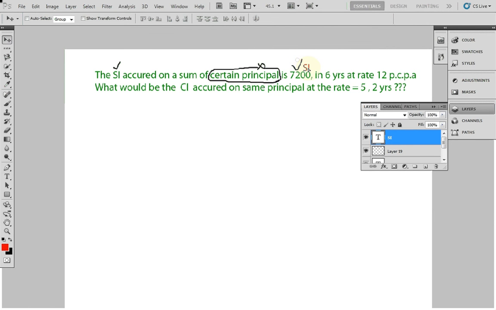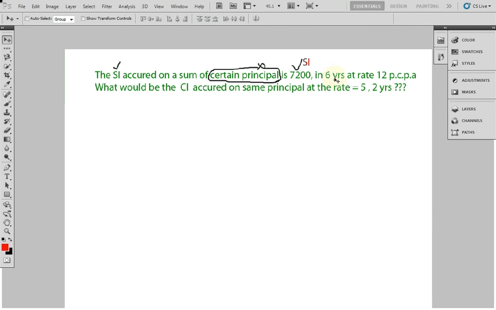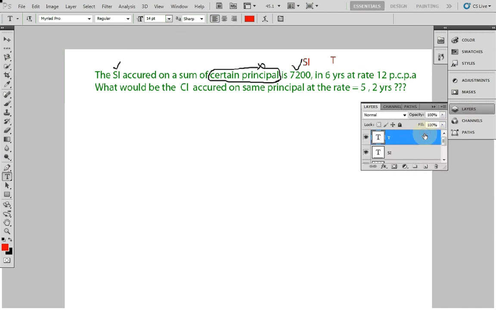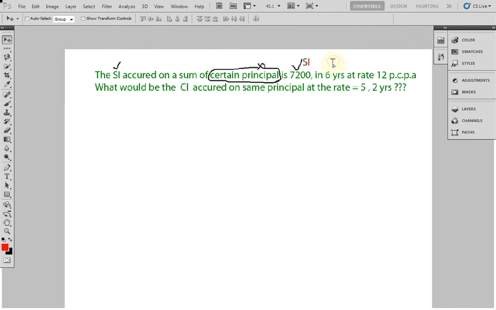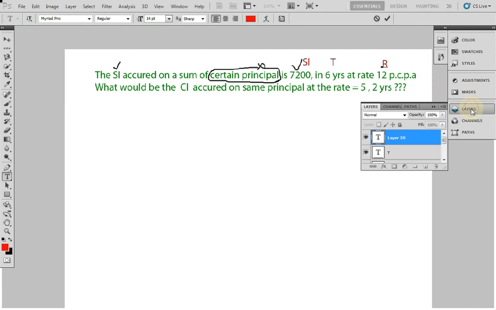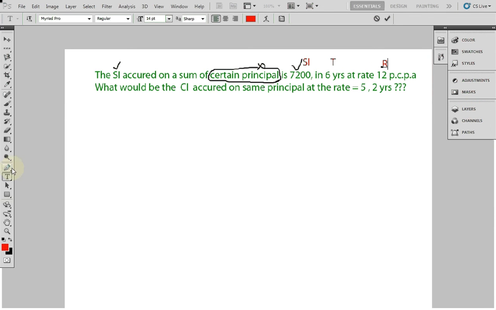This is simple interest in 6 years. This is time, 6 years is time. 12 percent per annum is the rate of interest R. Okay, for us P is unknown.